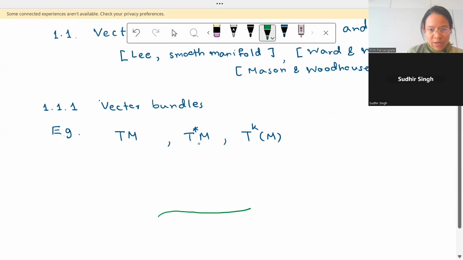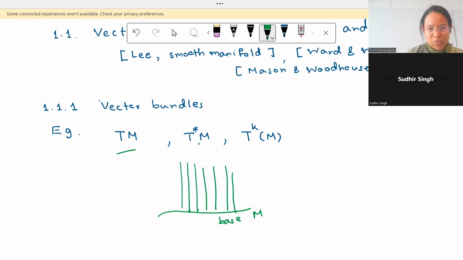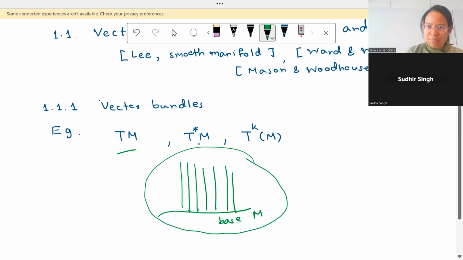You have a base, a manifold, and at each point on your base you have a vector space attached to it. If it's a tangent bundle, then you have the tangent space attached. But in general, for any vector bundle, you have a vector space attached at each point, called a fiber, and the whole thing, the total space, you call a vector bundle.